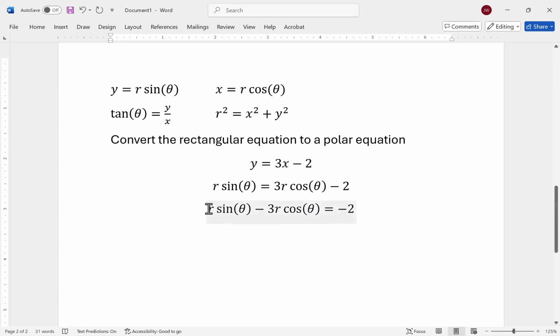And now on the left-hand side, I factor out an r. If I factor out an r from the left-hand side, I just get sine theta minus 3 cosine theta, that whole quantity times r, is equal to negative 2.